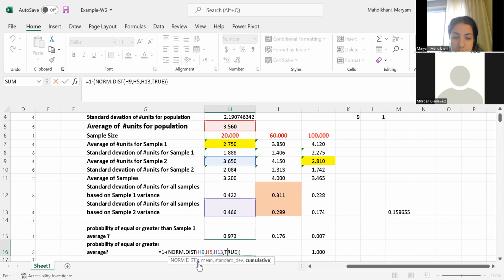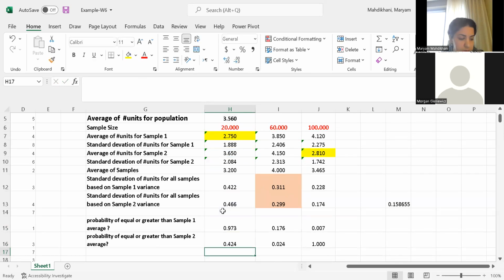The X, you see here, is the average of sample 2, comma, the average of the population, here 3.56, comma, the standard deviation that we just calculated, comma, cumulative, close the parentheses, and close the whole bigger parentheses. So there is a 42.4% chance that if I choose any sample, the average could be 3.65 or higher than that.